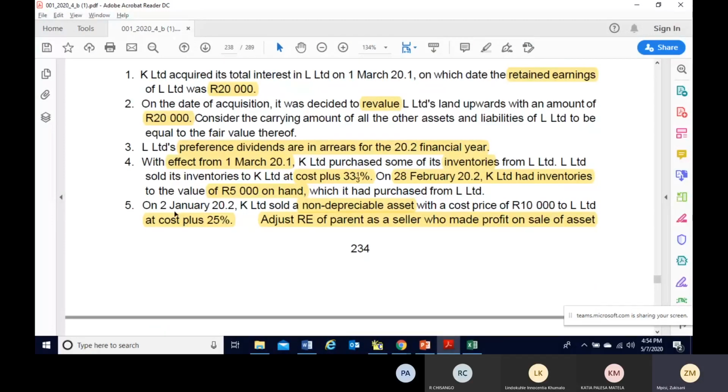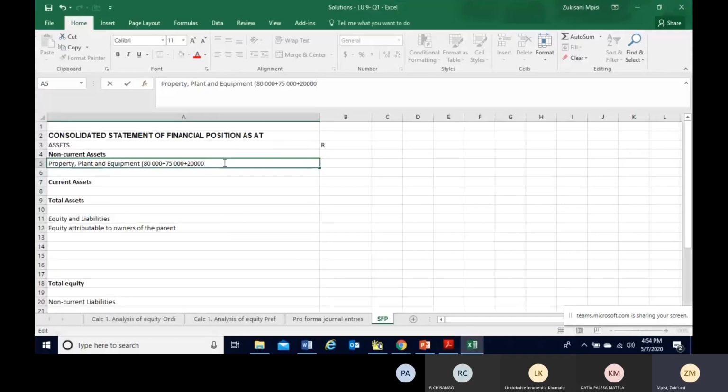And then number 5, we are told that we sold a non-depreciable asset. A non-depreciable asset can either be land or building. So we did it for 25% at cost plus 25%.